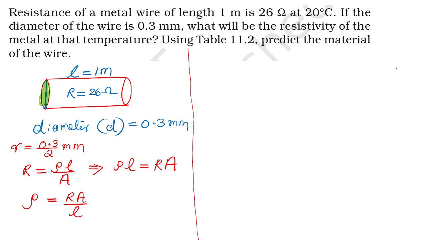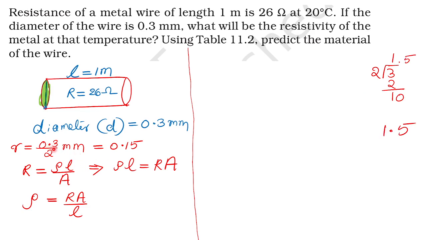0.3 divided by 2. How to do the division? Let me write the value, 0.15. It's very simple. You just do the division 3 by 2, and let the point be there. 3 by 2 is 1.5.